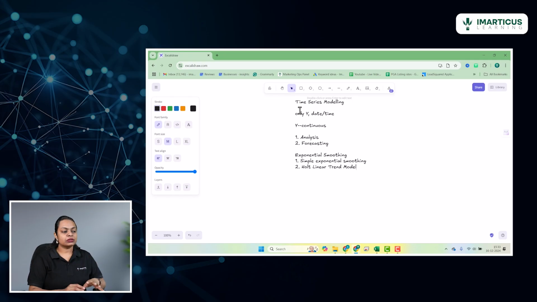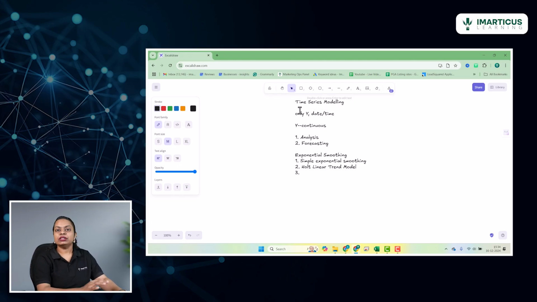Now, this model again was useful, but wherever there was seasonality also present in the data, it could not capture that seasonality, because, as the name suggests, it would give you a linear trend line into the data. So it would always be a straight line, with no fluctuations in that line, given that it could not handle or deal with the seasonal component.